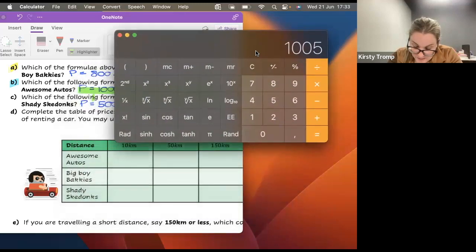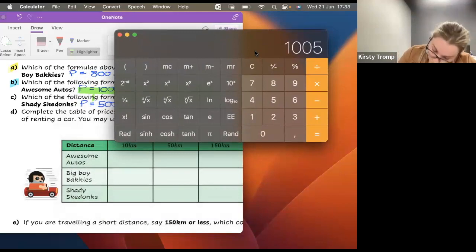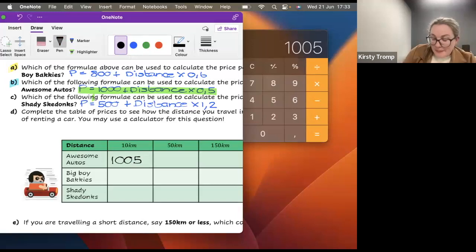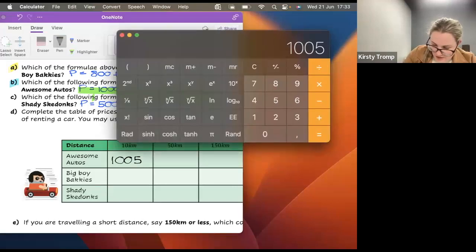And this will give me 1,005. Okay, let me just double check my answer doesn't seem right here. So 10 times by 0.5. Oh, it is right. Okay.